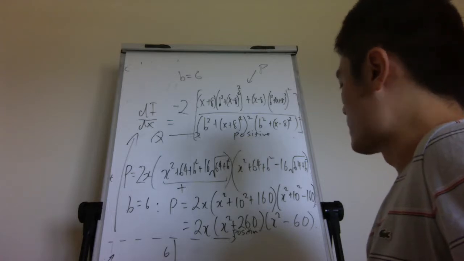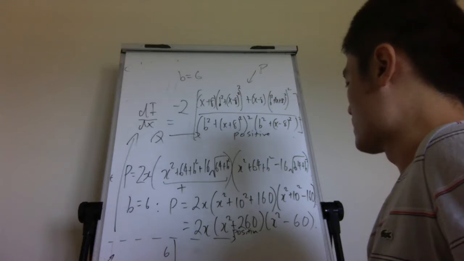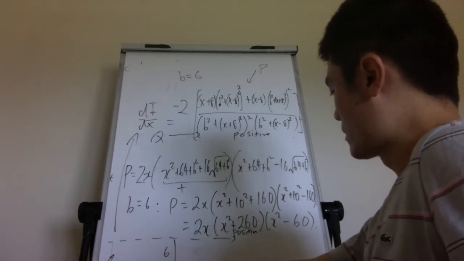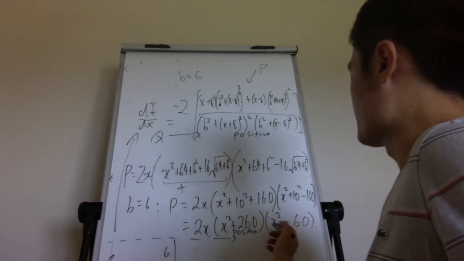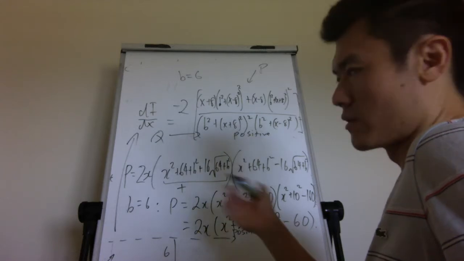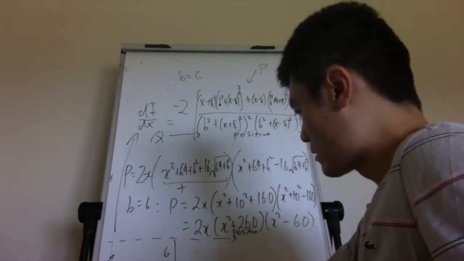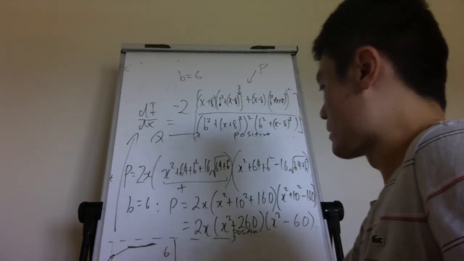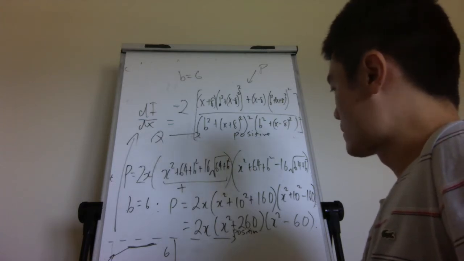Then when it gets to negative root 60, it's going to be increasing all the way, because that argument applies to all the numbers that are beyond root 60. But once it gets to negative root 60, it's going to peak at a maximum.